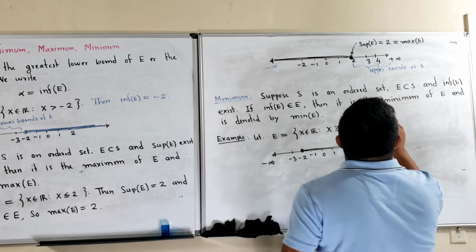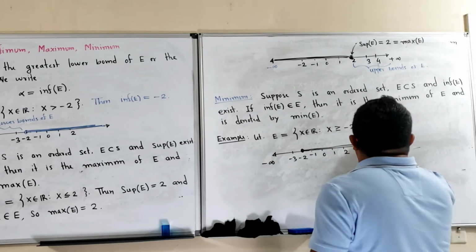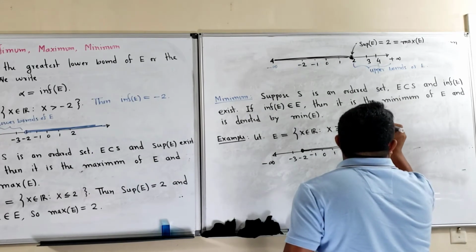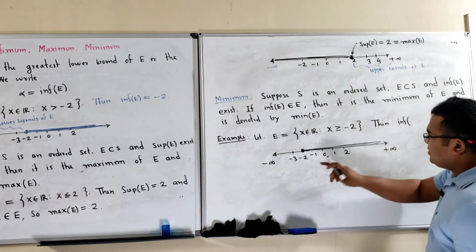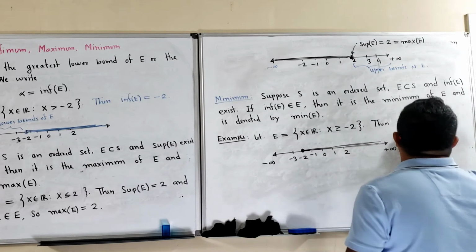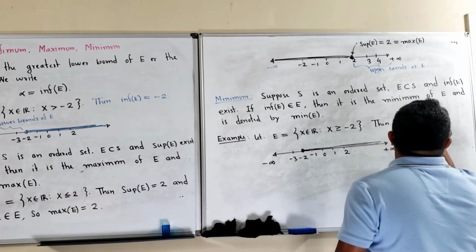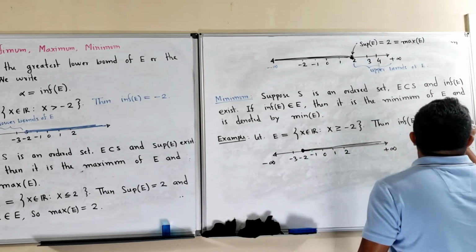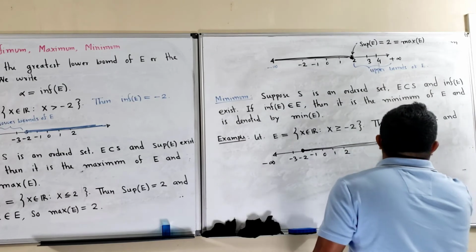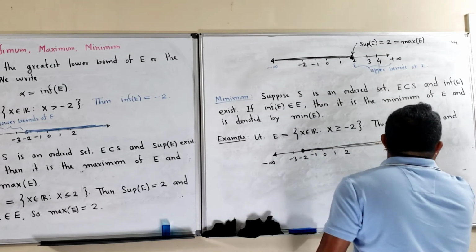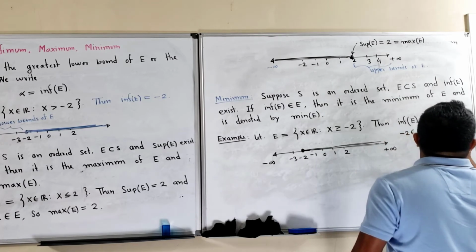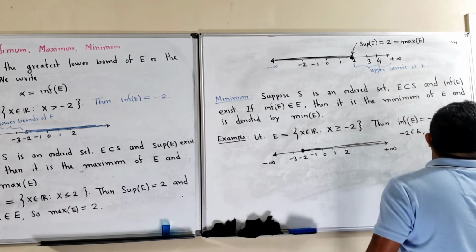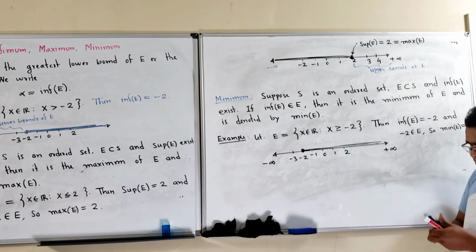The infimum of E is -2, and -2 belongs to the set E. So the minimum of the set E is also -2.